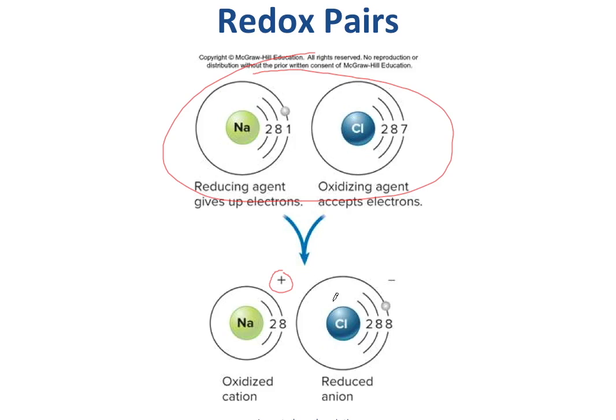The chloride atom gains one electron from the sodium atom, so the chloride atom is reduced. The chloride atom is negatively charged, so it becomes an anion. Since one is positive and one is negative, they attract each other and bind to form sodium chloride. This is the salt.